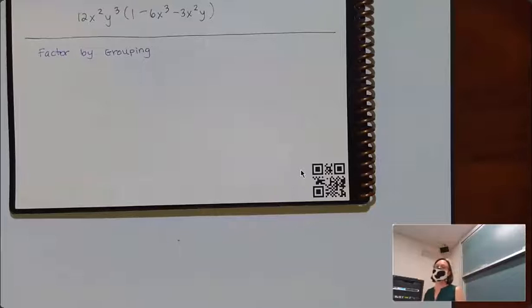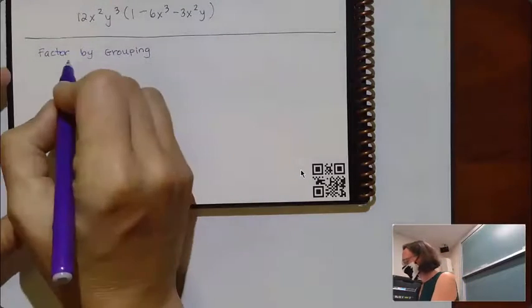And when we talk about factoring by grouping, we're going to use that idea of pulling out the greatest common factor, but we're going to do it twice. So I'm going to start in a state where I've kind of already done step 1, and then we'll do another example.